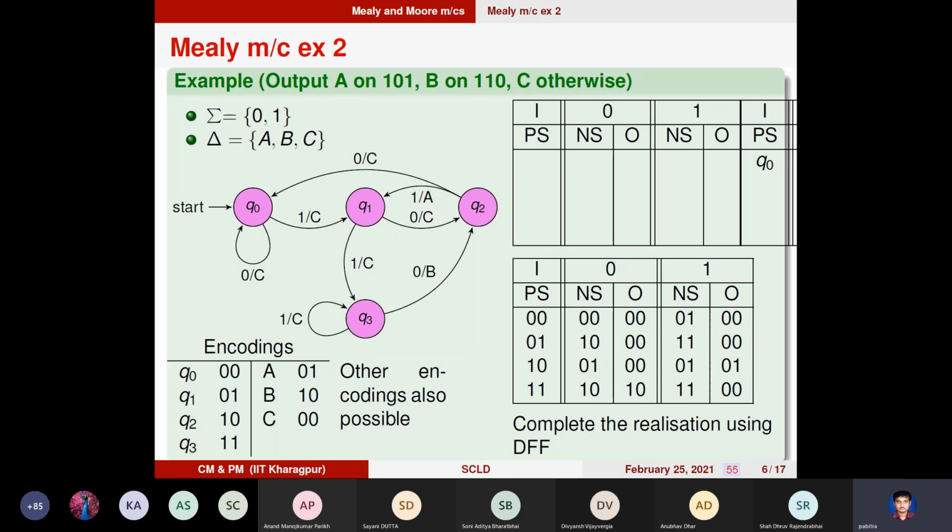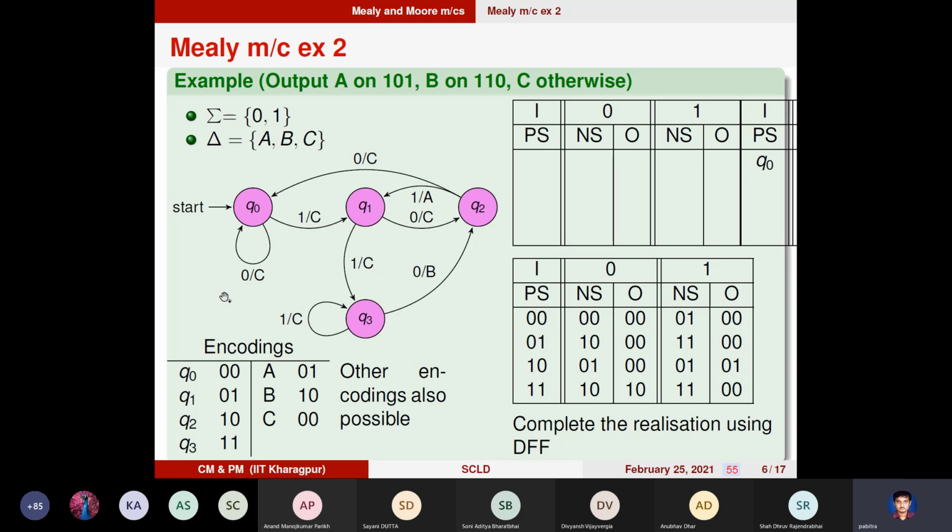I'm back to Q1, and I have output A. And if I have seen a 0 at Q2, so I have seen 1, 0, and then a 0, what should I output? Output C, and the last 2 symbols will be 0, 0. So I'm back to Q0.